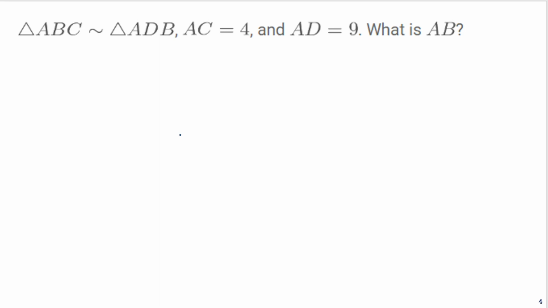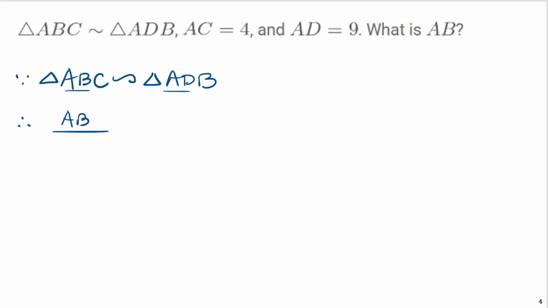No, it's not a fraction. Okay, remember for similar triangles, we write the vertices in order, right? Actually, in such a question, you don't have to draw the diagram because these vertices are written in order. So if triangle ABC is similar to triangle ADB, we have AB over AD equals AC over AB, right?